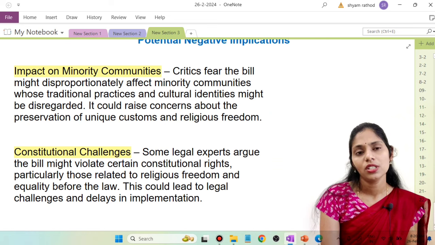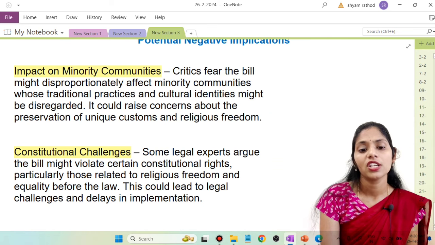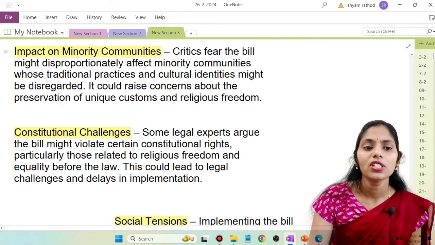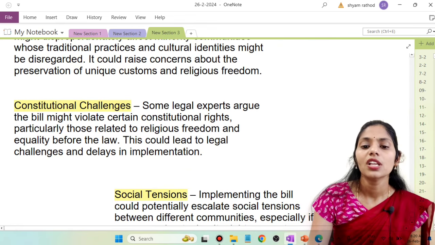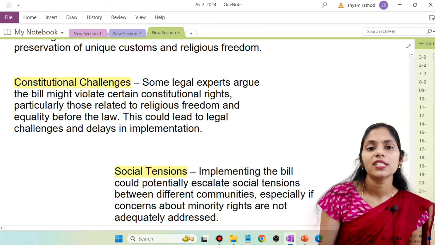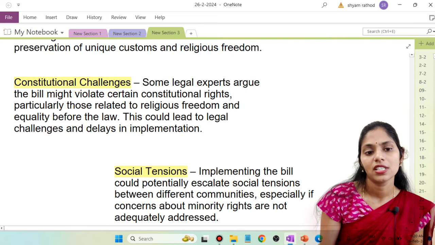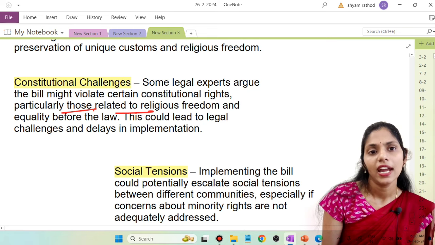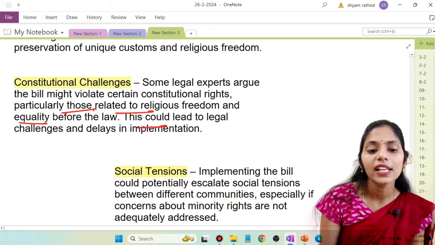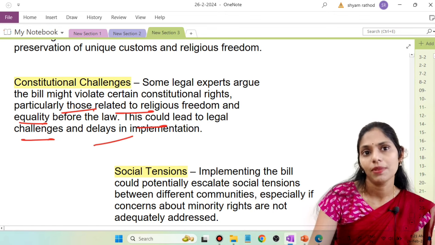And there are also questions regarding the preservation of culture, customs as well as religious freedom. Talking about constitutional challenges, some legal experts argue that the bill might violate certain constitutional rights, particularly those related to religious freedom and equality before law. This could lead to legal challenges as well as delays in implementation.